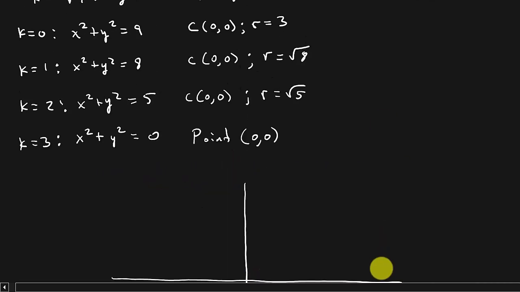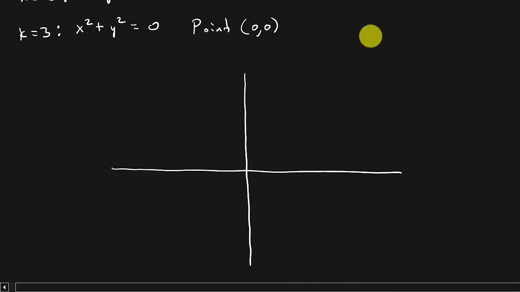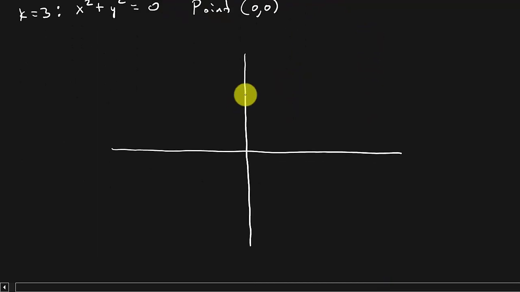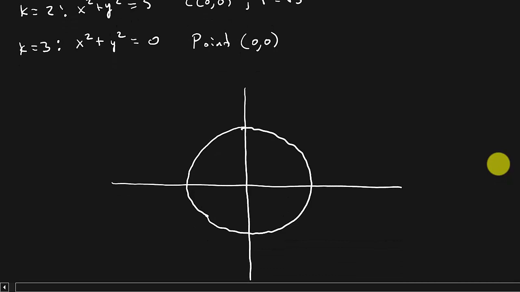All right, so the first one, I've got a circle with radius 3. So that's going to look something like that. That's radius 3. Now, let's look at our next one. That's the square root of 8. So if we do square root of 8, that's actually 2.8. So that's not very far.